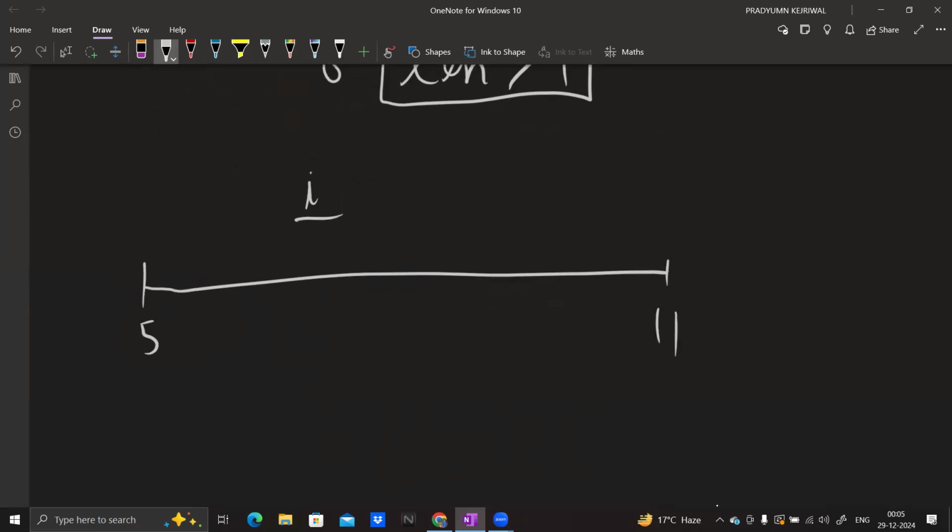So when will no come? No will come. Let's say we were talking about 5 to 11. So I'm at the ith element, which has range 5 to 11. So when would the answer be no for this one? It would be when all the elements are taken in this range. Let's say 5, 6, 7, 8, 9, 10, 11.